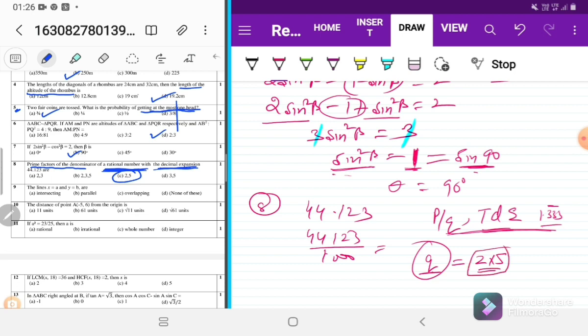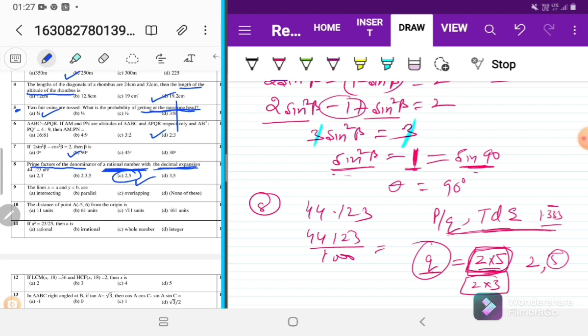Either 2 and 5 should be there, or only 2, or only 5. If it has any other factor, like 2 into 3, then it does not have a terminating decimal expansion. So its prime factorization should only be of the form 2 and 5. So this is your answer.